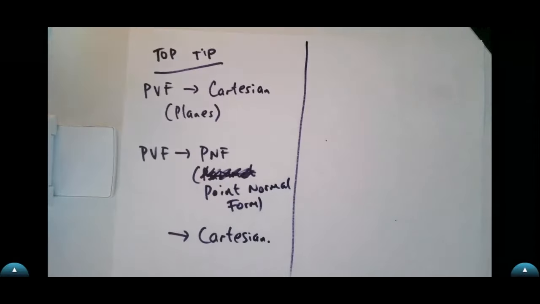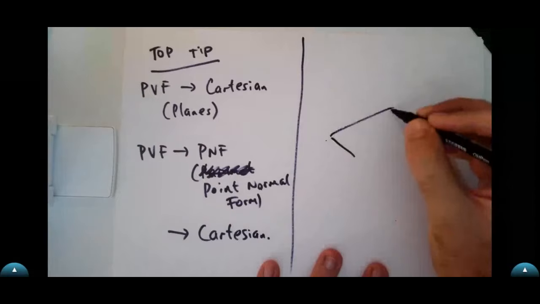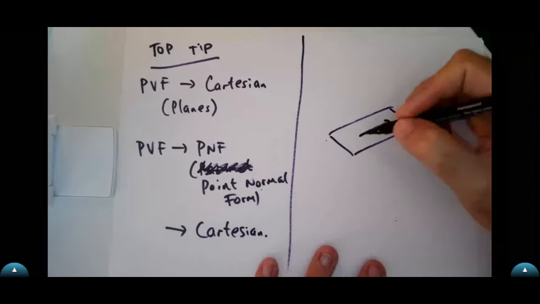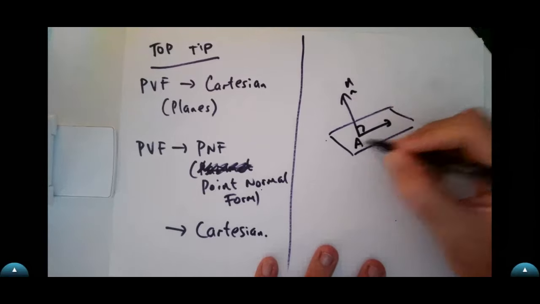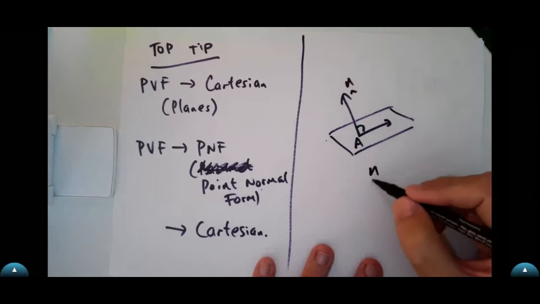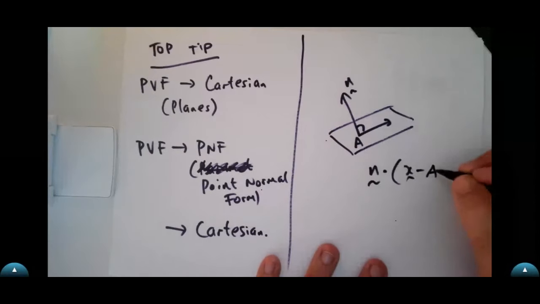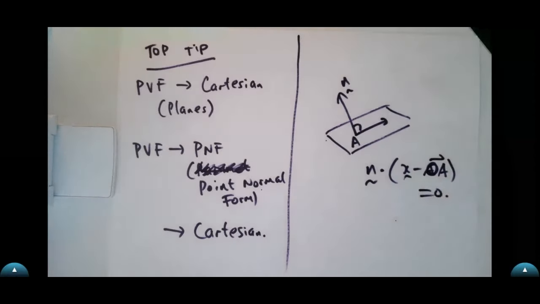Basically, with point normal form, you've got a vector in the plane and you've got a vector that's normal to the plane, and this is the equation. But if you haven't seen it yet, don't lose any sleep over it.